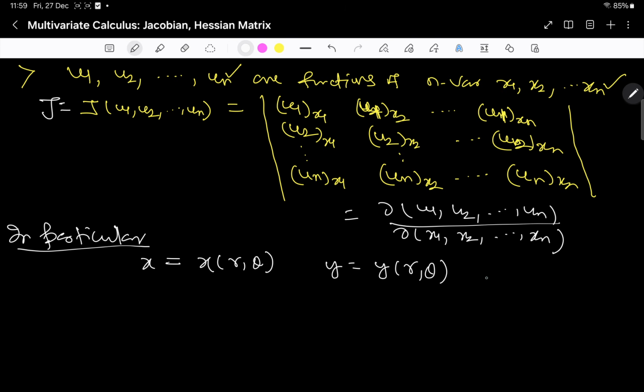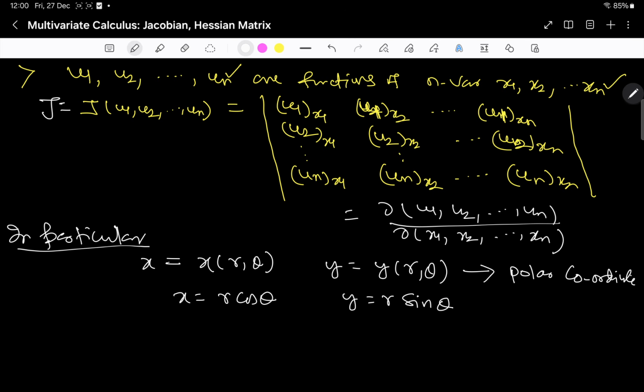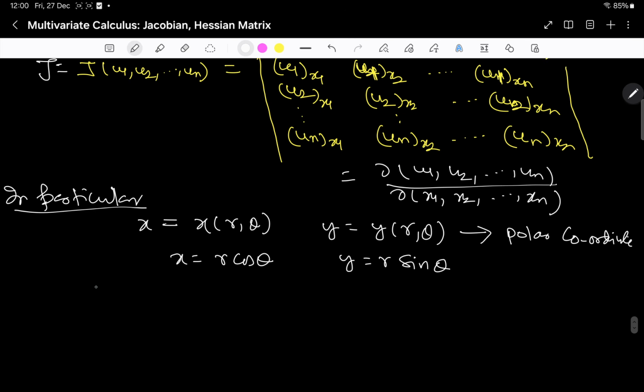So in general, x is equal to r cos theta and y is equal to r sin theta. So what will be the Jacobian here? This Jacobian J will be the determinant of x_r, x_theta, y_r, y_theta.